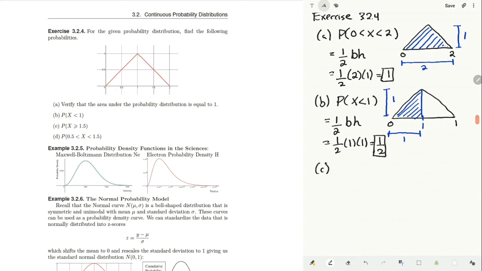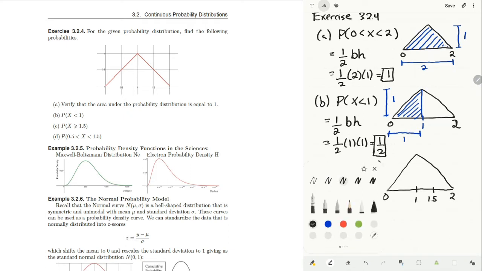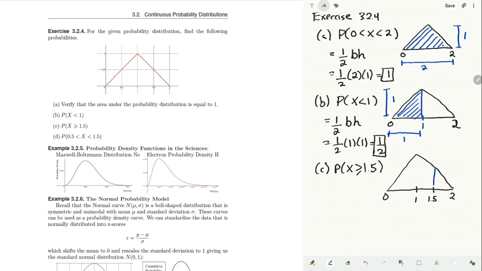Now let's find the probability that x is greater or equal to 1.5. So in this case, what we want to find is the area of this triangle.